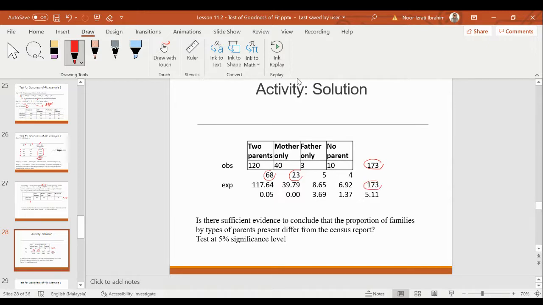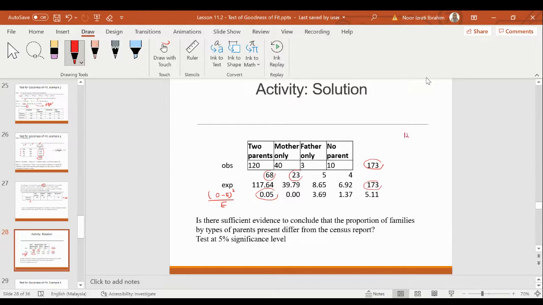And to get the chi-square value, you need to find O minus E squared over E. Okay, so how do we get 0.05 here?